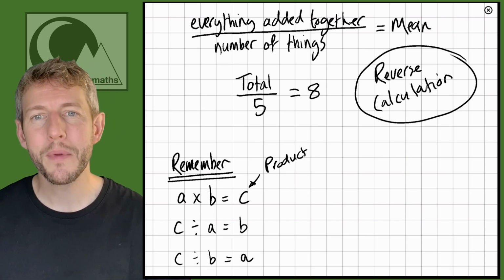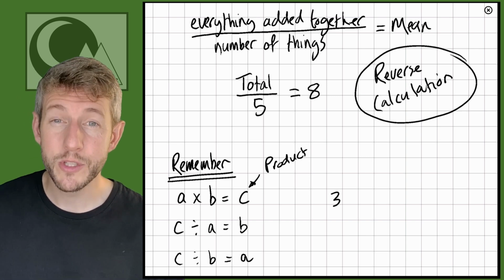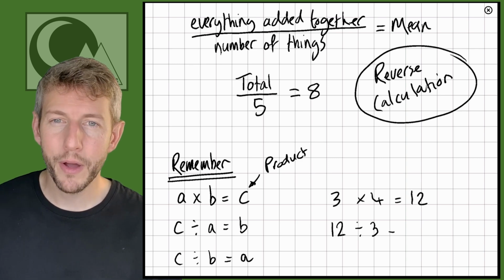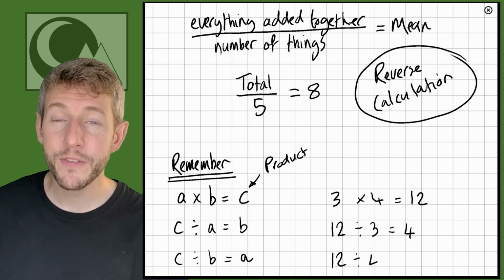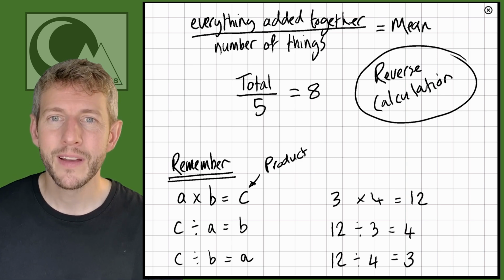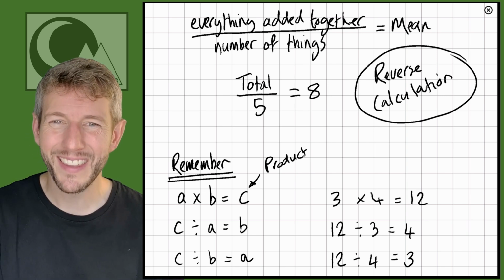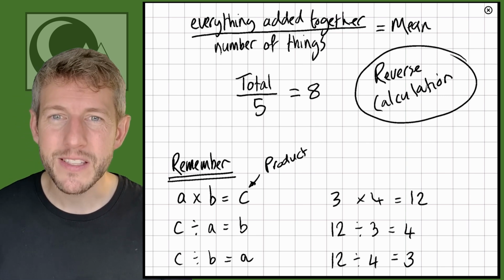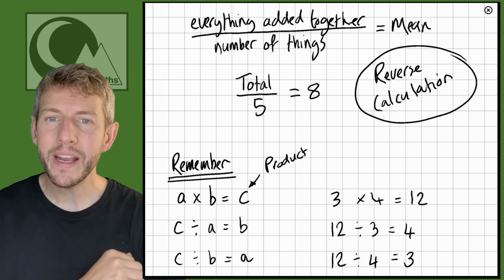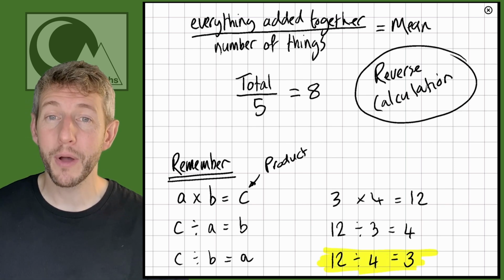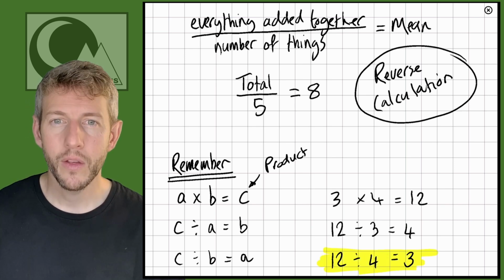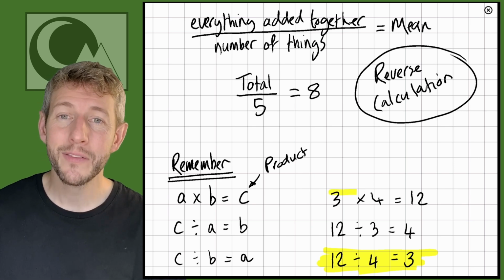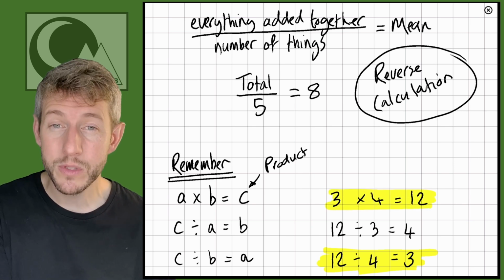So remember, when we think about 3 times 4 equals 12, 12 divided by 3 equals 4, and 12 divided by 4 equals 3. So this time what we really want to think about is our reverse calculation in reverse. If we know that 12 divided by 4 equals 3, what we know is that 3 times 4 equals 12.